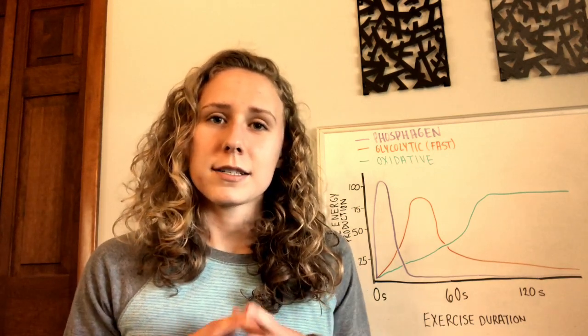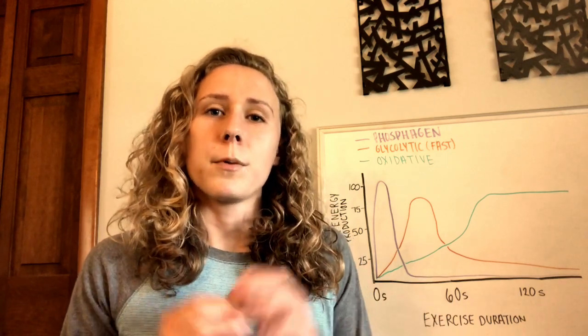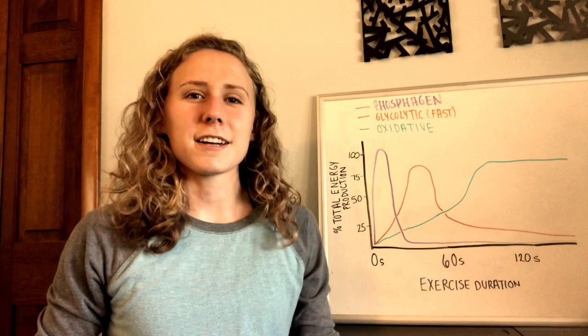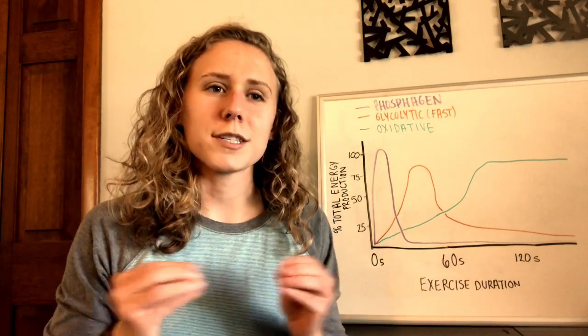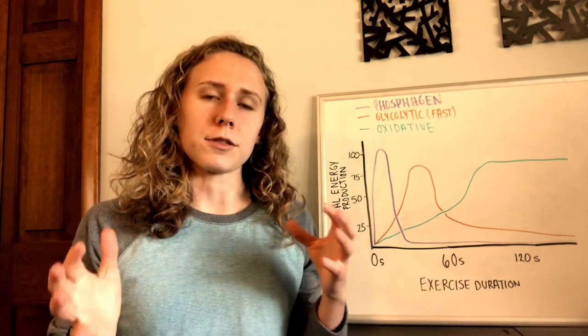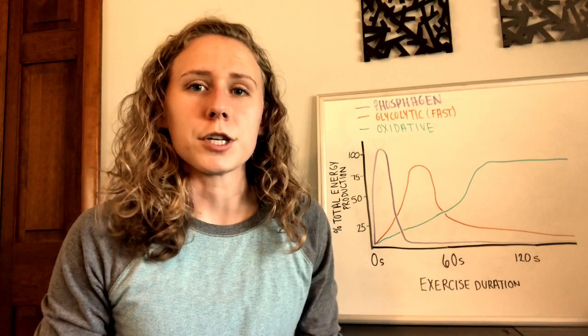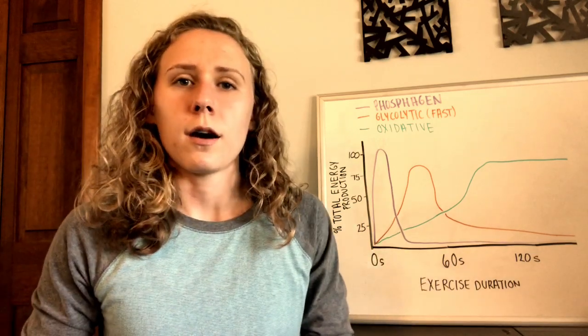So exercise conditions these systems, it helps them work more efficiently, but different types of exercise can target each of the 3 systems, and that's primarily based on intensity and duration of the exercise. As I kind of alluded to already, these 3 systems are typically never exclusive. They tend to be working at the same time, just to different degrees, to supply your body with energy, which is what I'll get into with the chart.